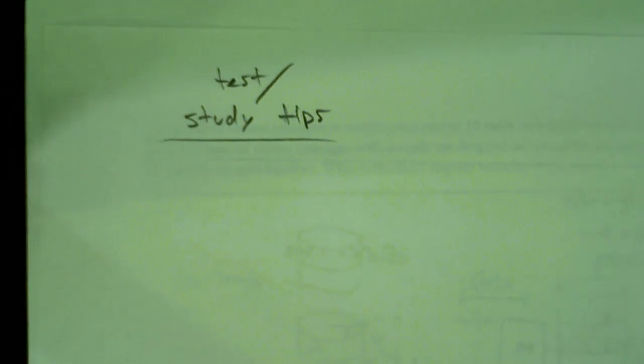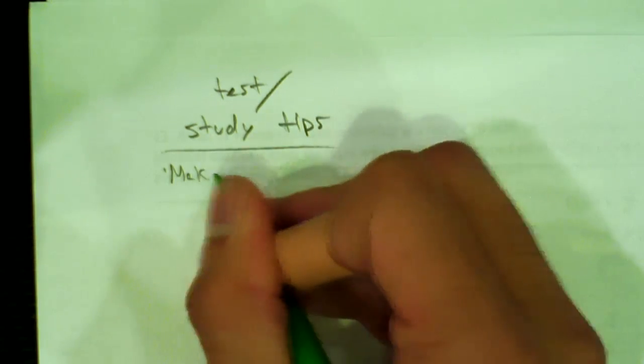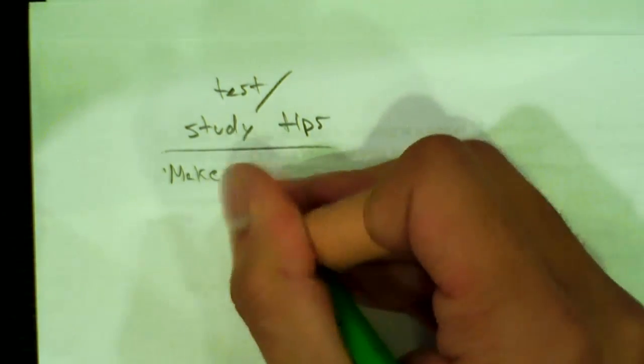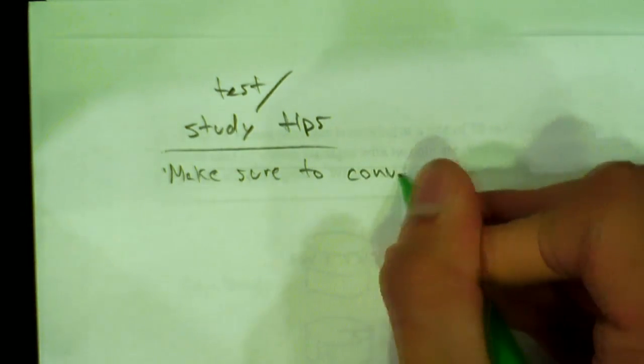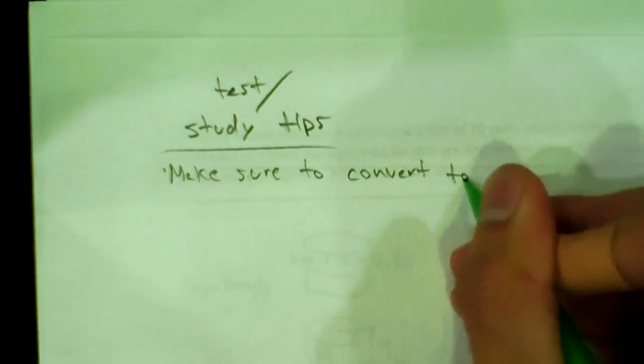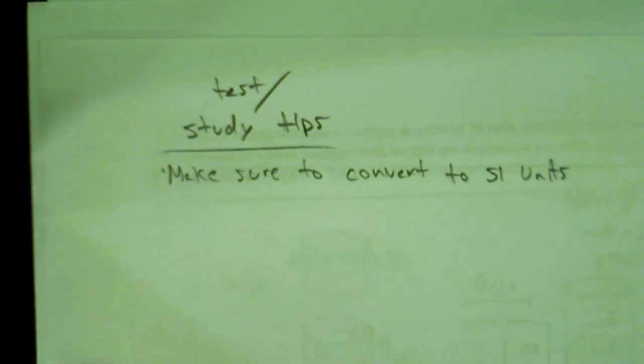So the first thing I want to mention is units, because I've seen multiple times that units get in the way of getting the right answer. So make sure you convert all units to SI units. All right, so that's the first thing.